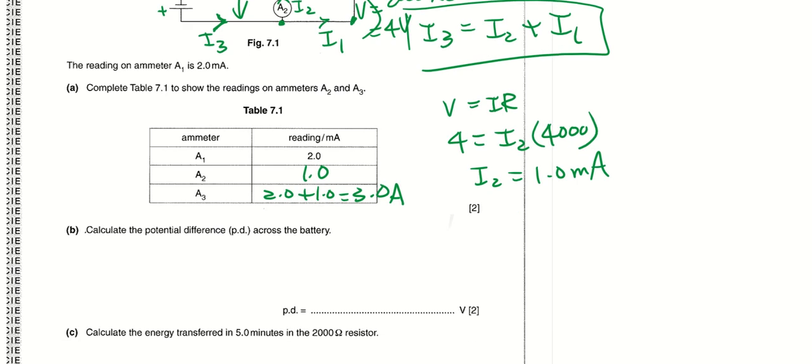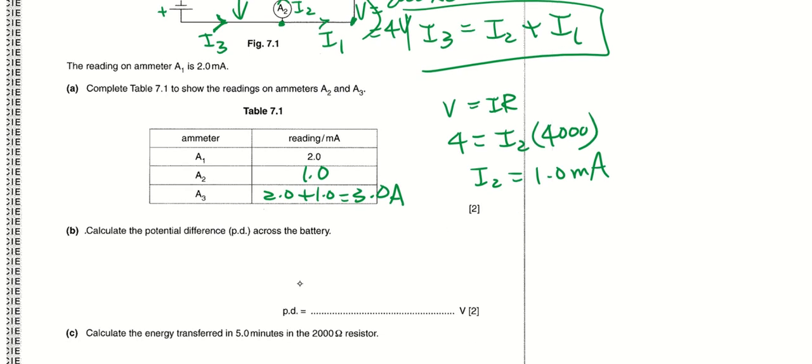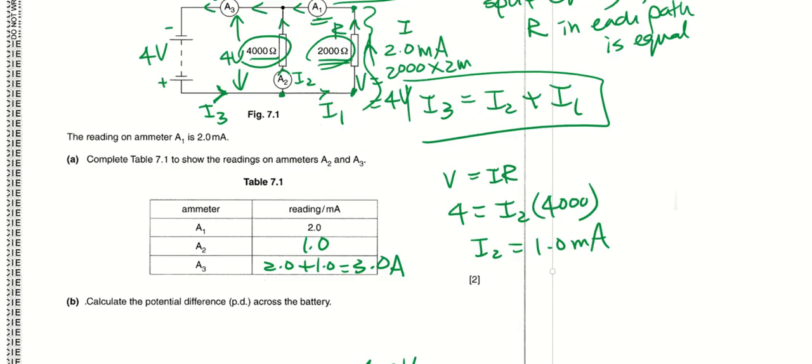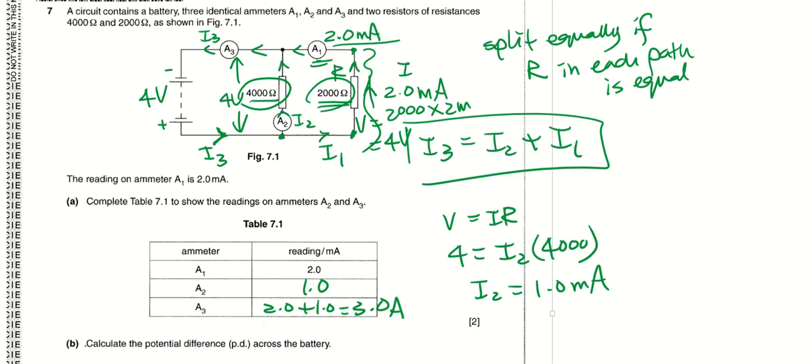So calculate the potential difference across the battery. I did that already, which is 4 volts, which means you are supposed to realize that due to the difference in their resistance by a factor of 2, the current will also differ by a factor of 2.